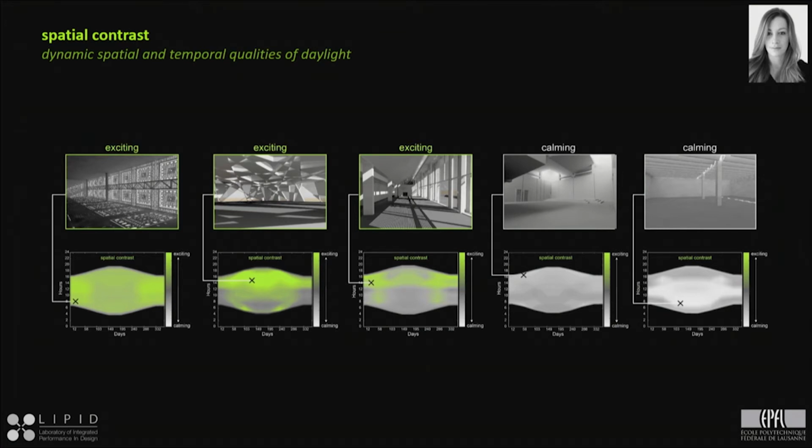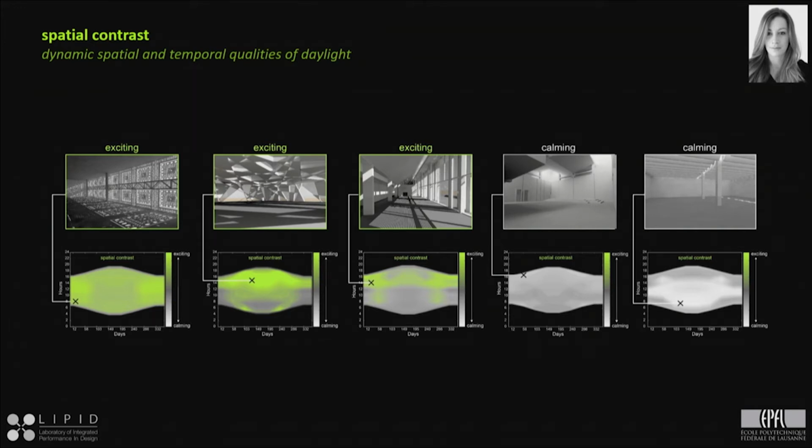We have days of the year over here, and hours of the day over here. In the Institut du Monde Arabe, we have so much shadow, so many little shadow patterns moving everywhere, that over the entire year, we will have this great excitement happening, whereas this will happen mostly in the afternoon for the Serpentine Pavilion, same thing for the Neugebauer House because of the orientation.